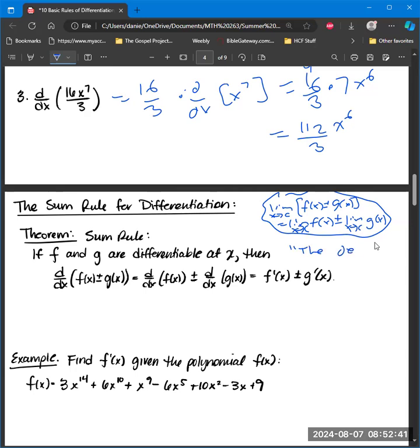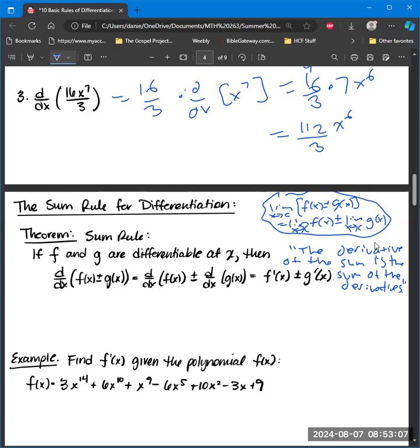The derivative of the sum is the sum of the derivatives. And since differences are just special types of sums, or we're adding the opposite, it works for differences as well.